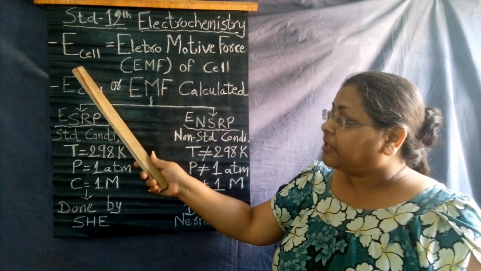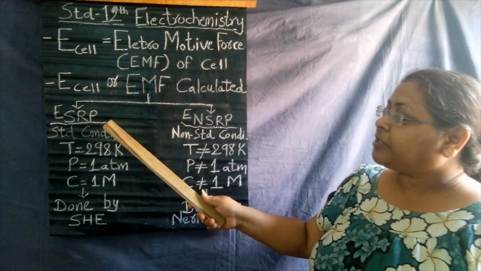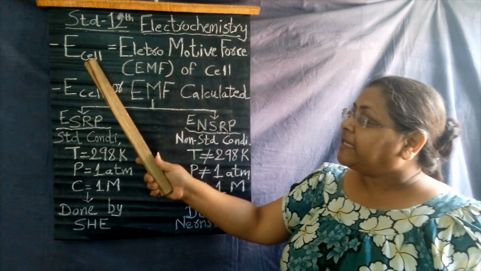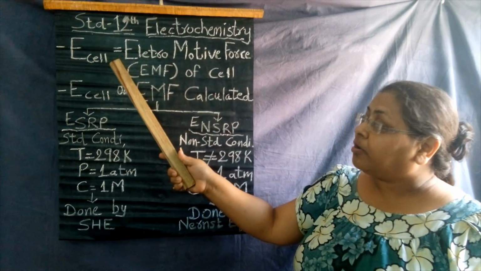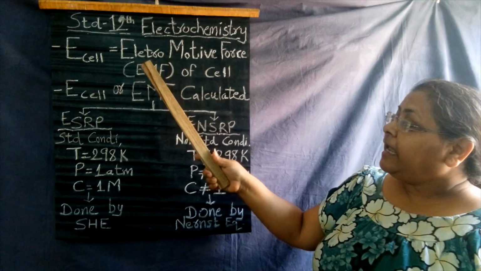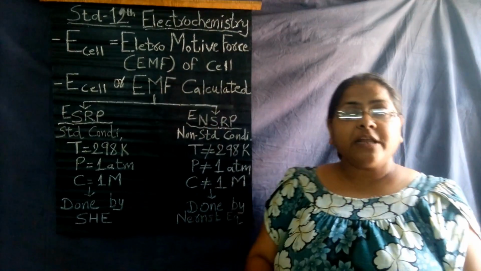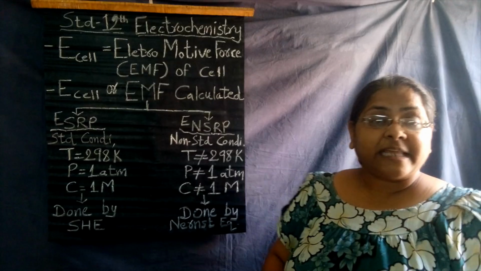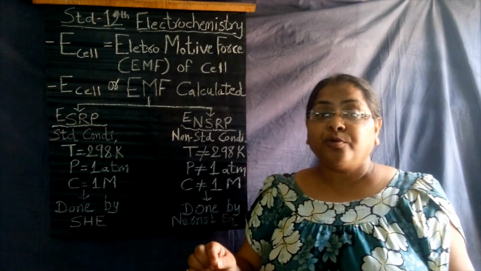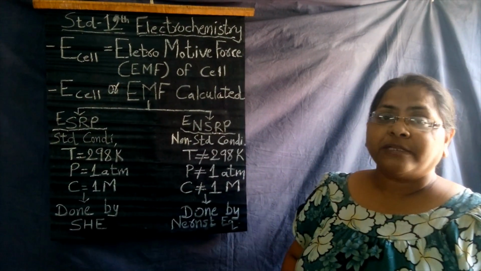Now, before I go to cell potential SRP and NSRP, please pay attention here. E cell is also equal to EMF of cell, which is electromotive force. What is electromotive force? The cell potential is possible due to separation of charges, as I told you yesterday.